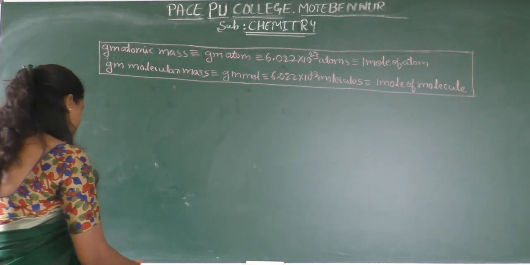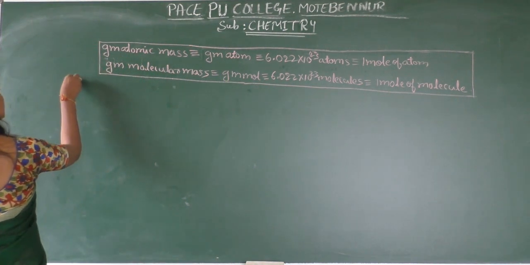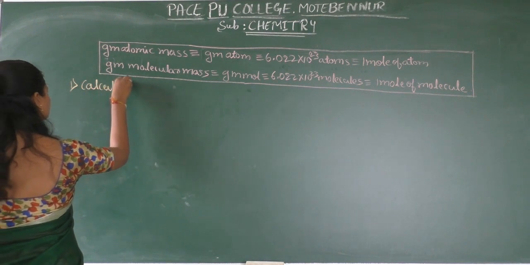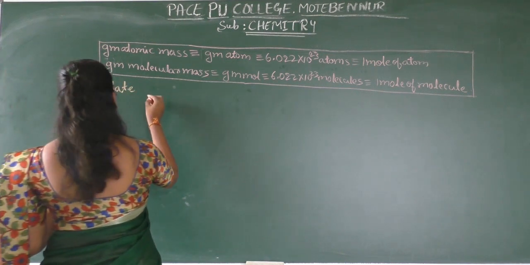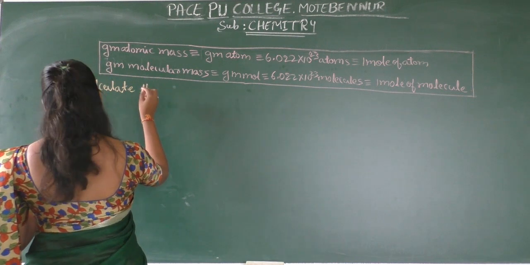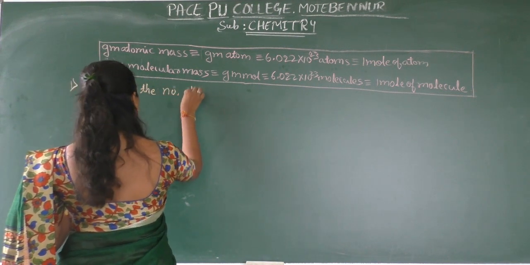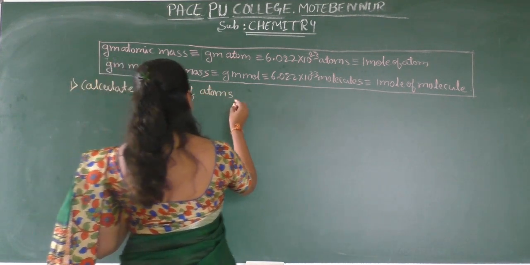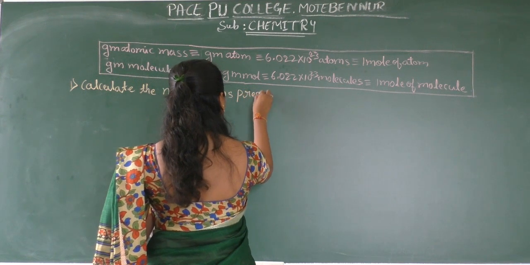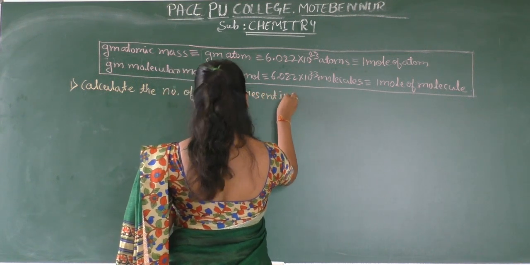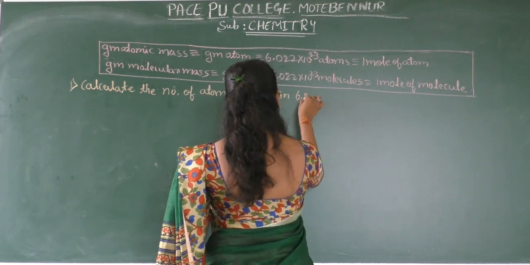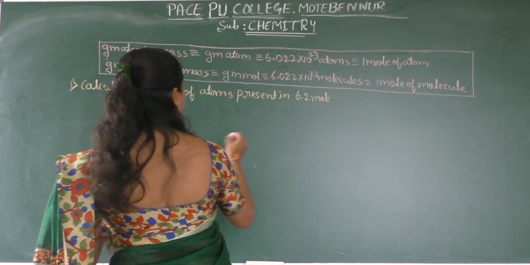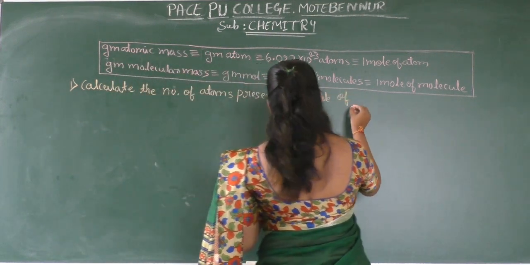Okay, so here the first question is: calculate the number of atoms present in 6.2 mole of magnesium.